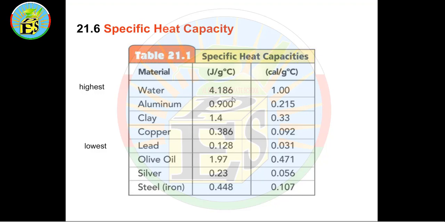So we see water has the highest specific heat capacity, and this is the lowest. Steel just needs 0.448 joules to raise 1 gram of steel or iron by 1 degree.